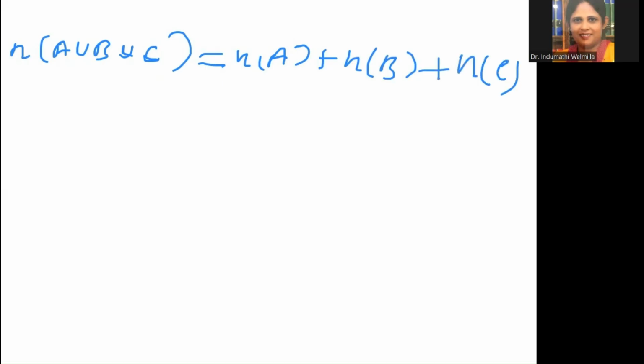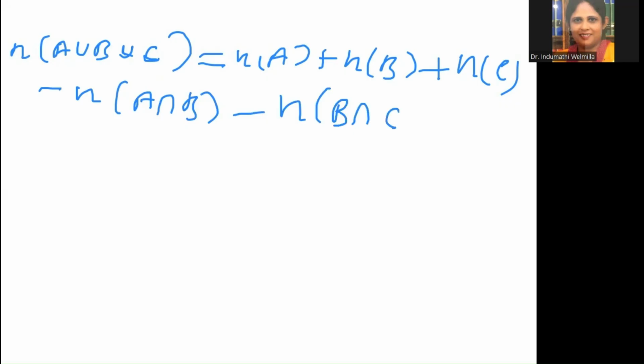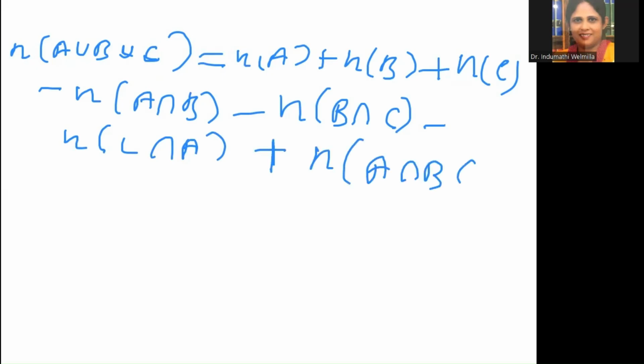And we have to deduct n(A intersection B) once, and again n(B intersection C), and minus n(C intersection A), and then we have to add finally n(A intersection B intersection C). Okay, so that is another important formula.